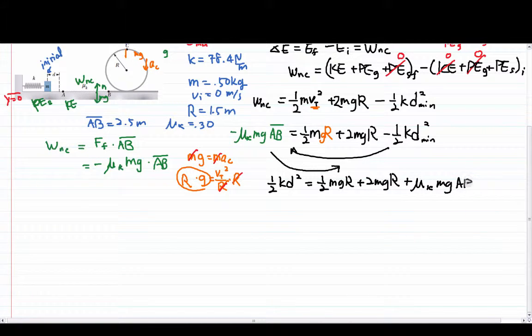Okay. I can multiply both sides by 2 and then divide by k for now. Then I'm going to have d squared on the left side.